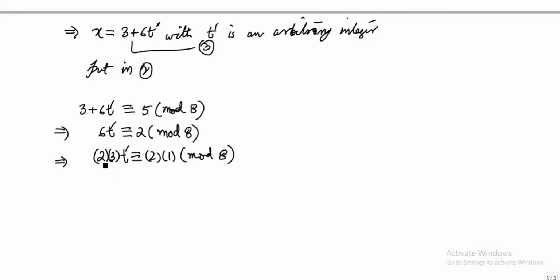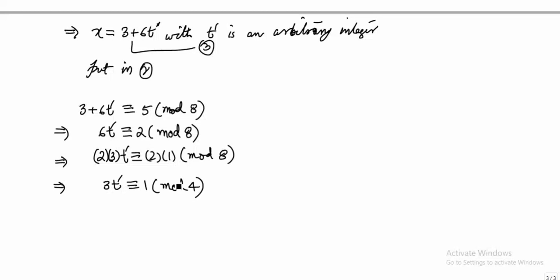GCD of 2 and 2 is 2, and 8 is 2. So we have to divide 8 by the GCD, which is 2. So this will be 3t prime congruent to 1 modulo 4.